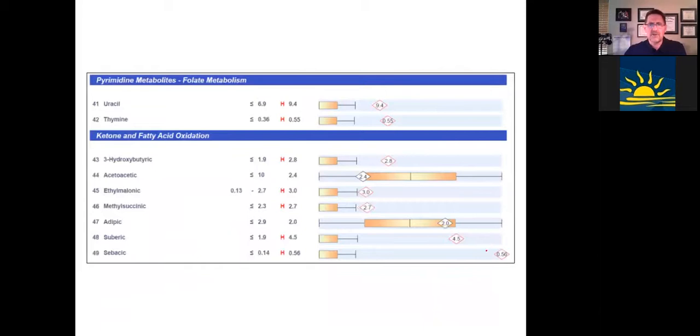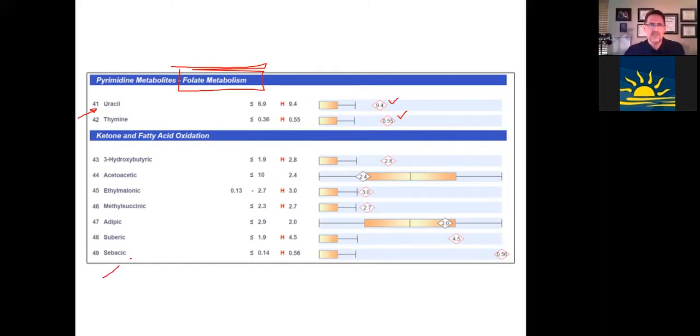Now, this person also has a number of markers elevated in the pyrimidine section, looking at folate metabolism. I could spend hours talking about the influence of toxins within the methylation and folate cycle. But it's not uncommon to get imbalances in folate metabolism, whether it's absorption or utilization, in the presence of high amounts of gut problems, including yeast, mold, bacteria.